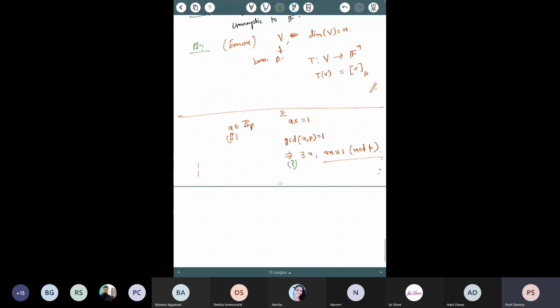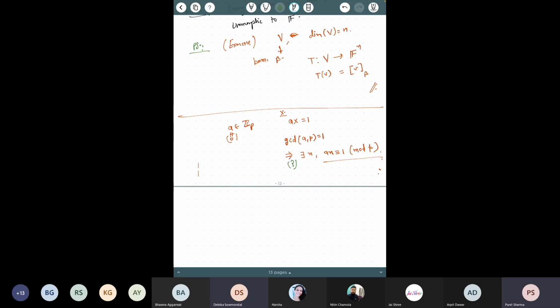If you want it for a particular example, then you give a value to A and to P, apply this result and find X. This is how you do it, but if you want to say it in general, you would write it like this.